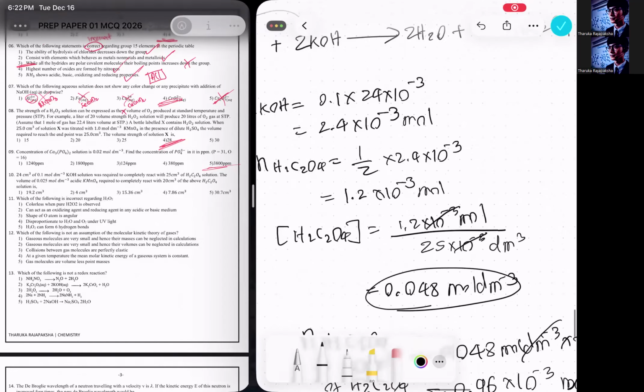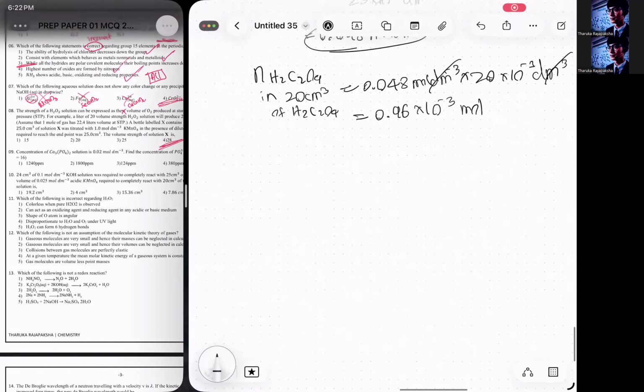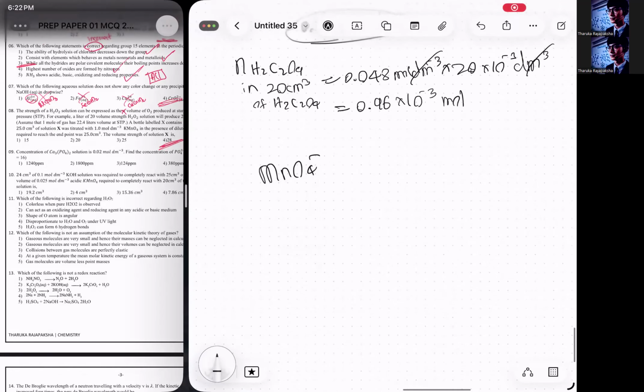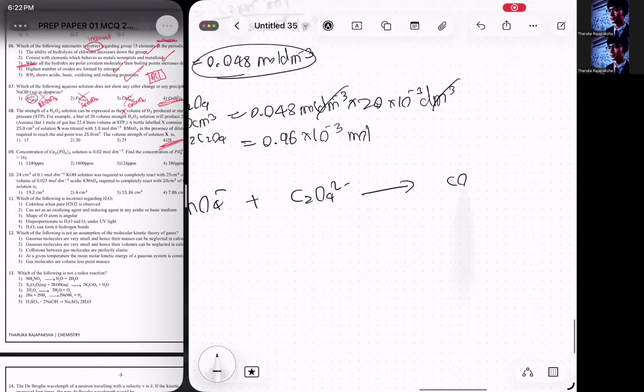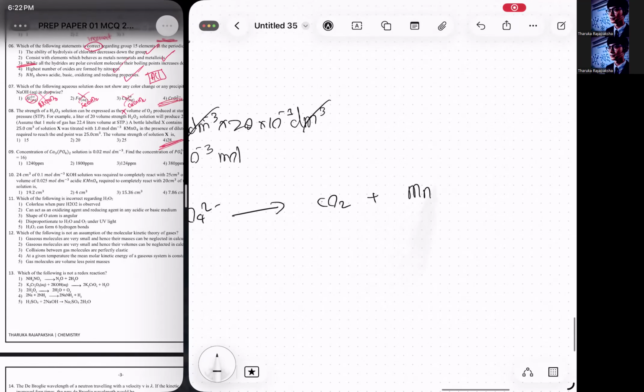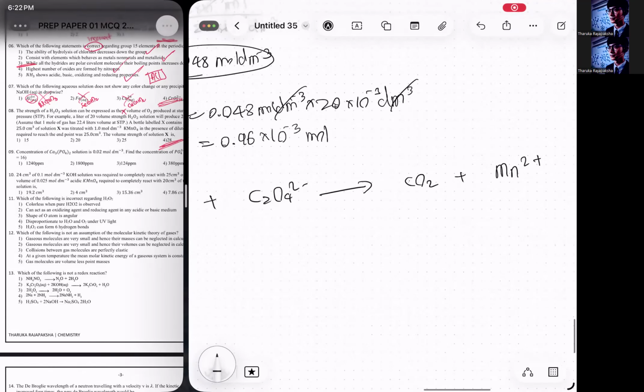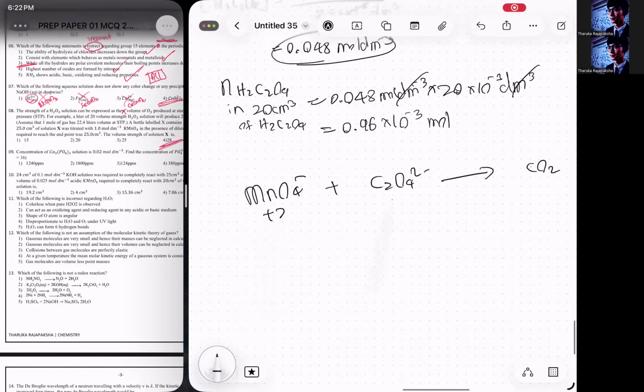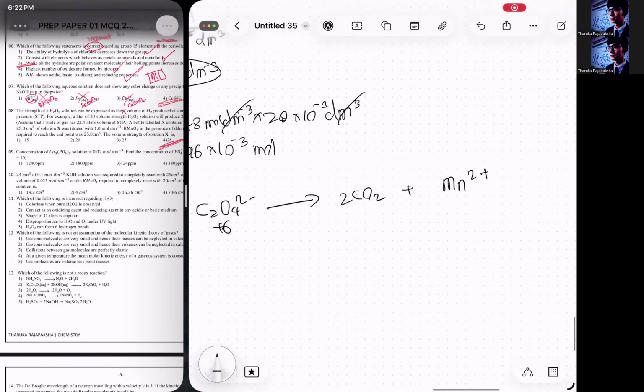First we have to write the equation. MnO4- reacting with C2O4 2- oxalate will go to carbon dioxide, and then MnO4- will go to Mn2+. So it's +7 here, and then oxalate +3, and carbon dioxide +4, and then manganese +2.